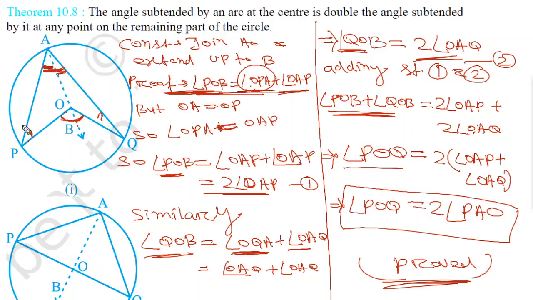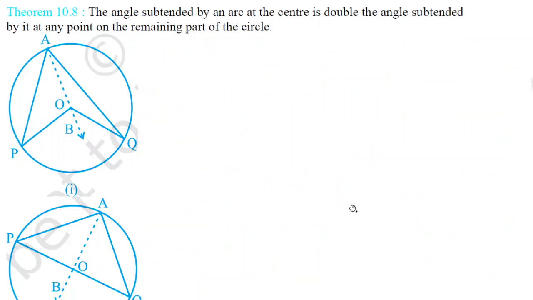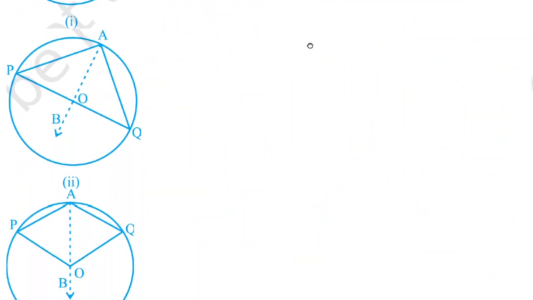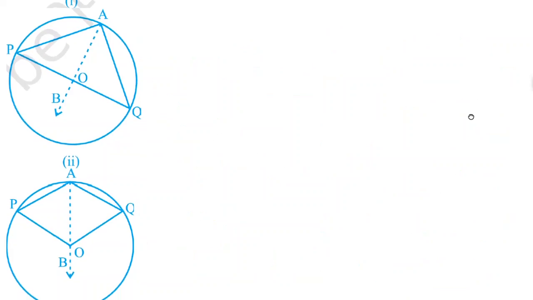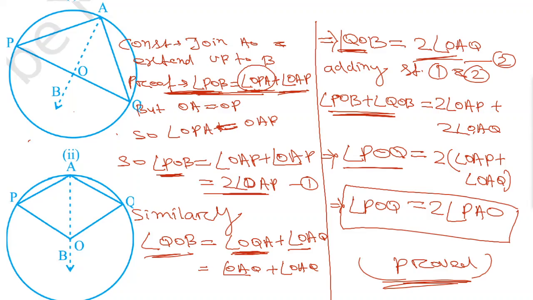Now we can move to the next figure. Okay, to this figure. Here the proof will also be the same. Okay, just look at the figure. I will clear it out a little bit. Okay, now you see, come to this figure.